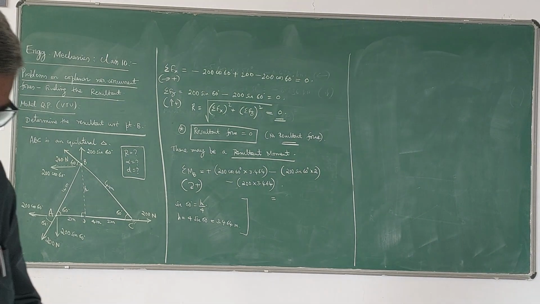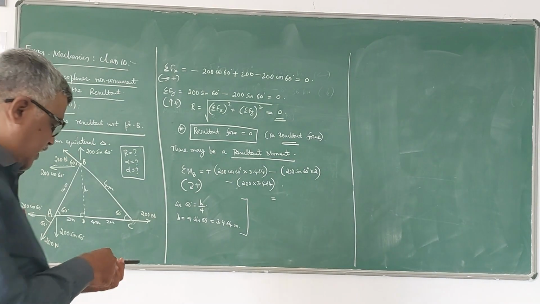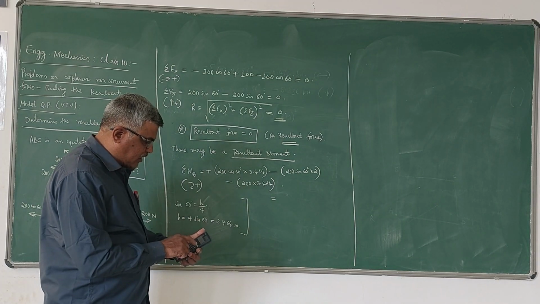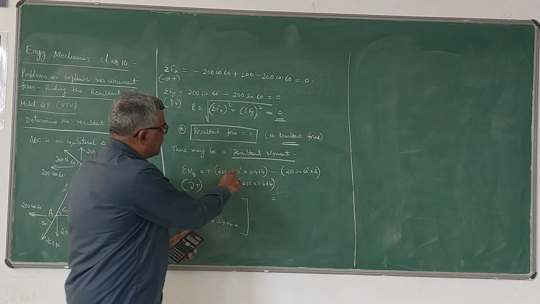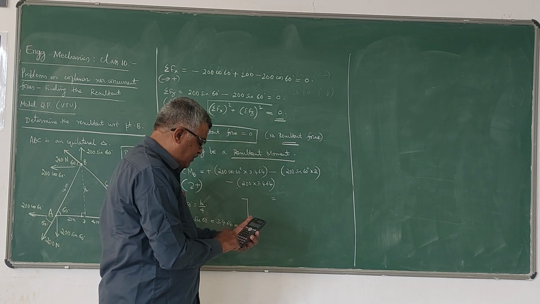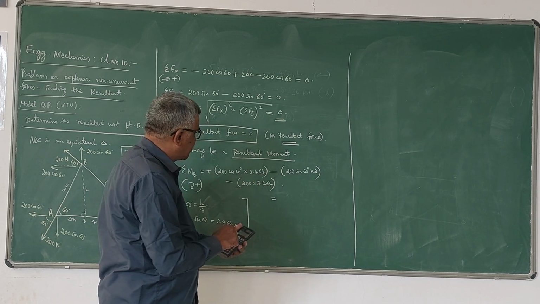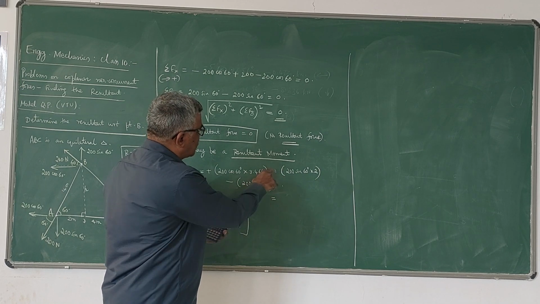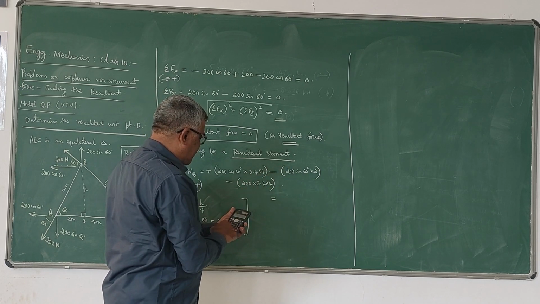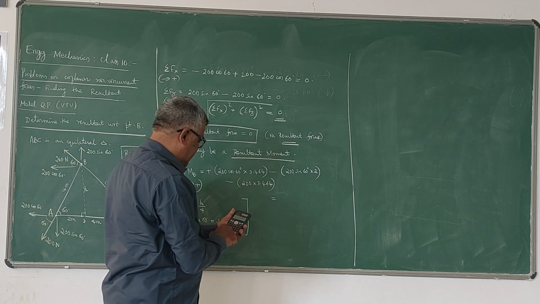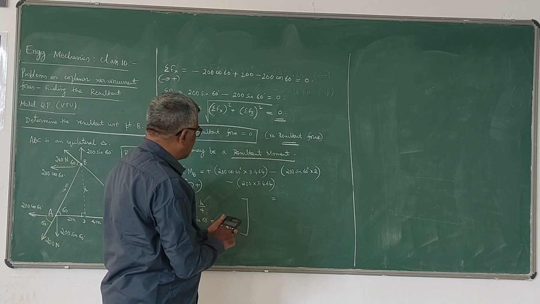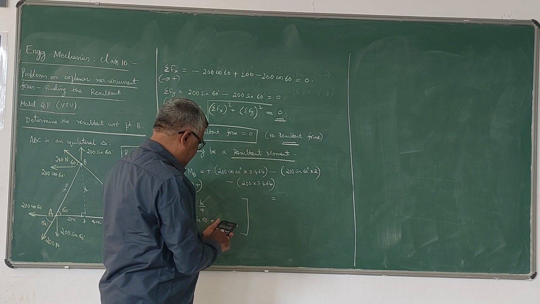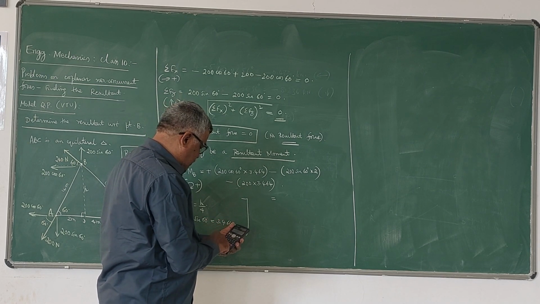Now if I simplify this, let us see what is the moment you are going to get. So 200 cos 60 is nothing but 100 because cos 60 is half. So 100 into 3.464 is 346.4, minus 200 into sin 60, which is 400 into sin 60 by 2, then minus 200 into 3.464.